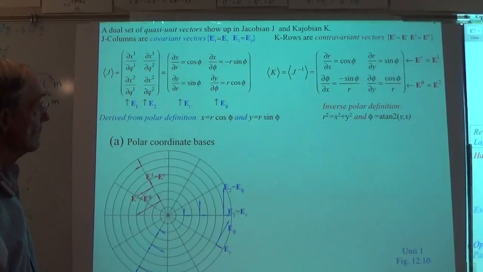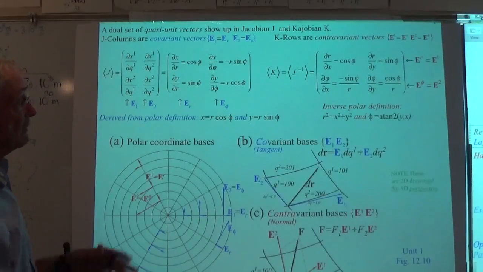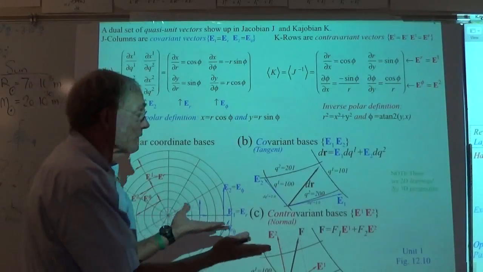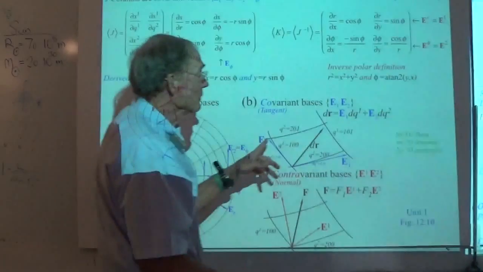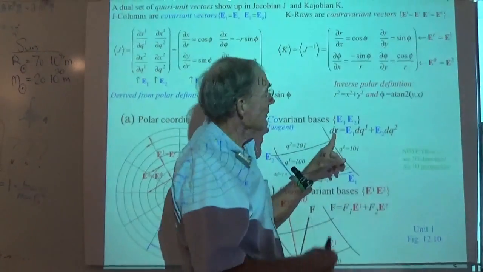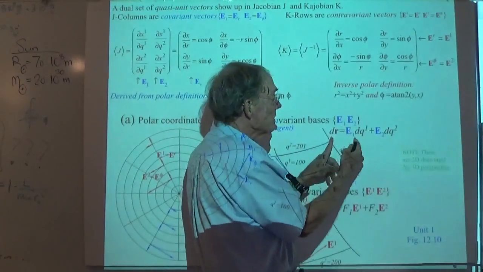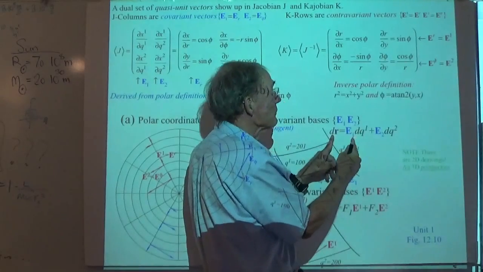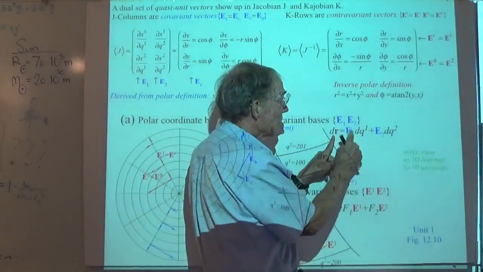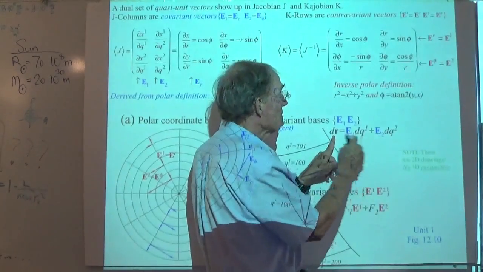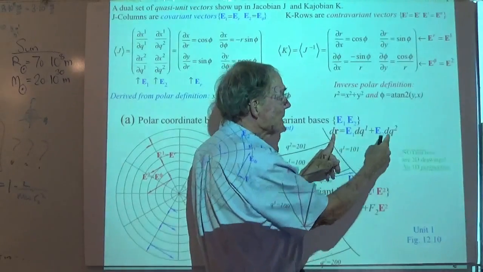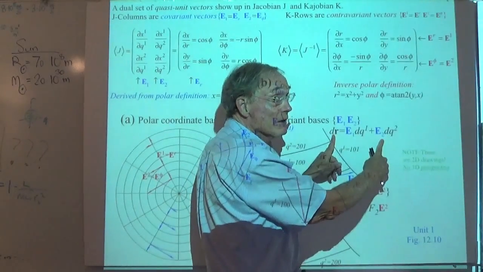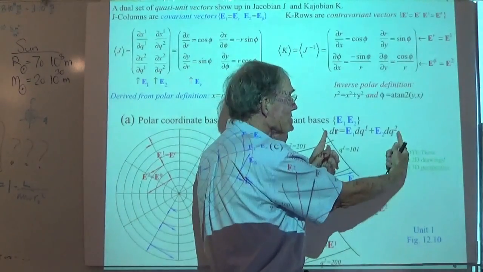So here's a general sort of picture of what you're going to see. When you say dr equals the partial derivative of big R with respect to q1, that's what you call E1, and then E2 is the partial of big R with respect to Q2, right? You're talking about a first order differential.